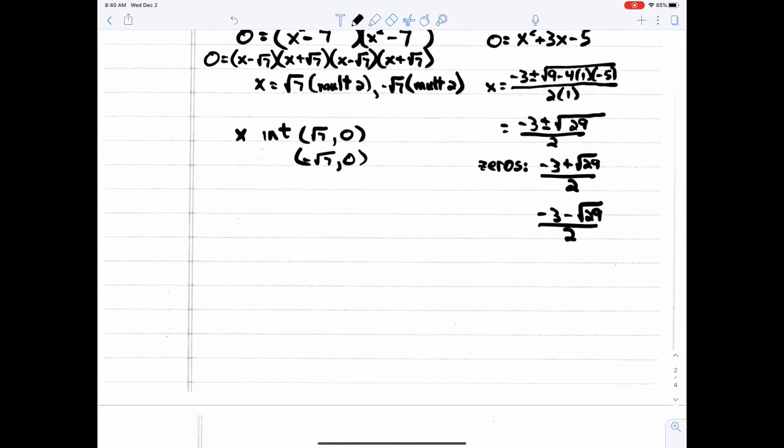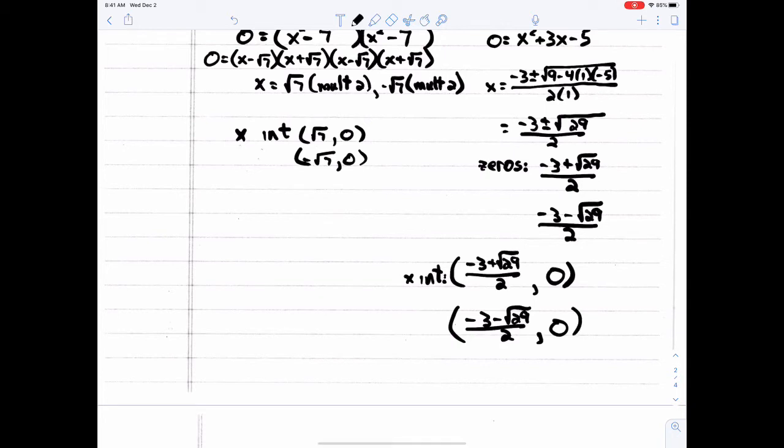The x-intercepts are negative 3 plus square root of 29 over 2, comma 0, and negative 3 minus square root of 29 over 2, comma 0.